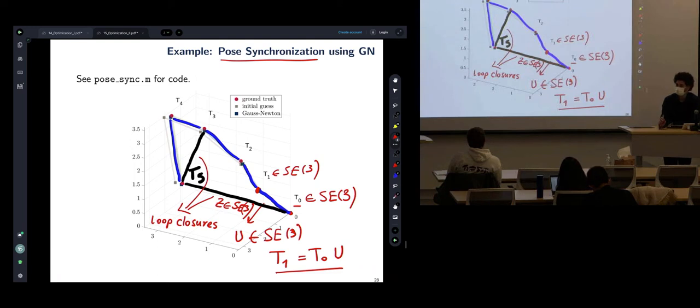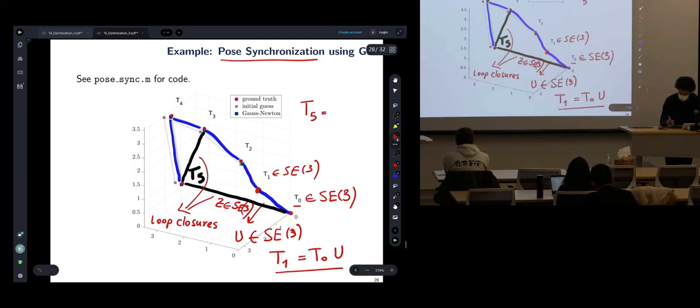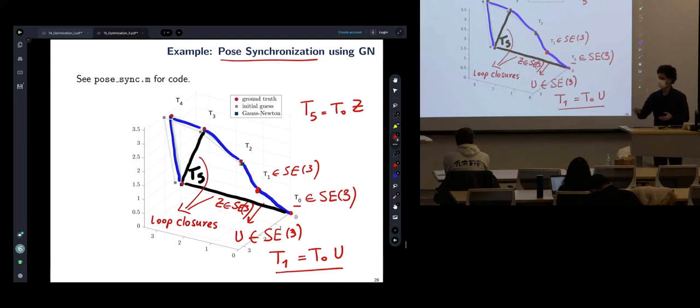If you only have rotation, it is rotation synchronization. Then, let's say you could write T5 is T0 times Z. Of course, the way you define Z, you could have T0 equals T5 times Z.